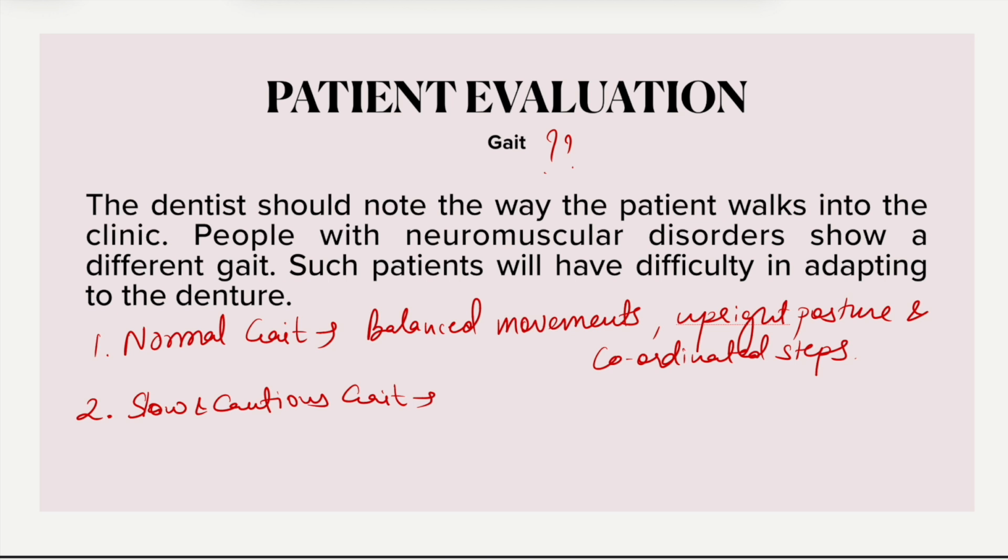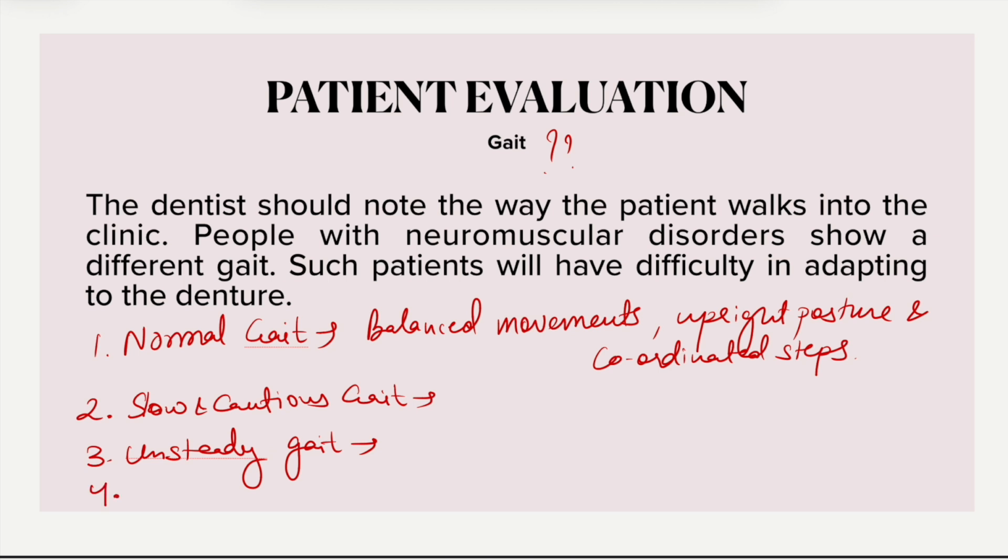Okay, then we have unsteady gait. Unsteady gait may suggest neurological disorders, vestibular disturbances, Parkinson's disease, or stroke related deficiencies. Such conditions can affect muscle coordination, denture control, and adaptation to the prosthesis.